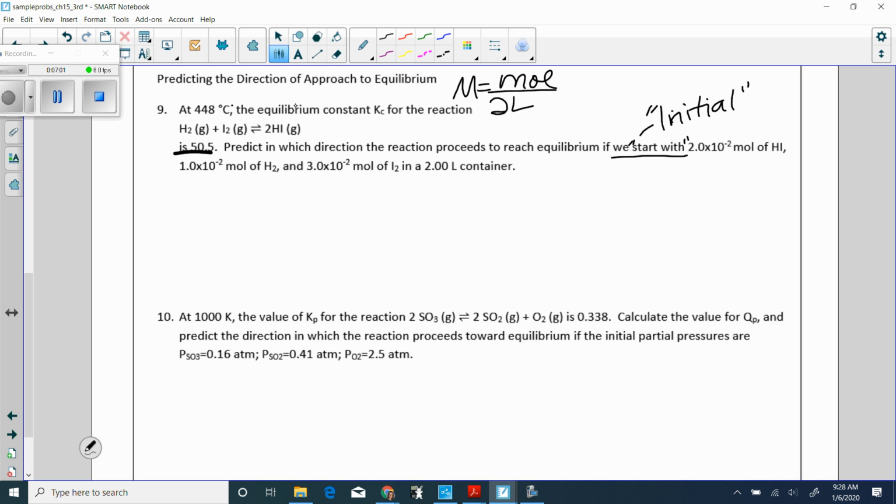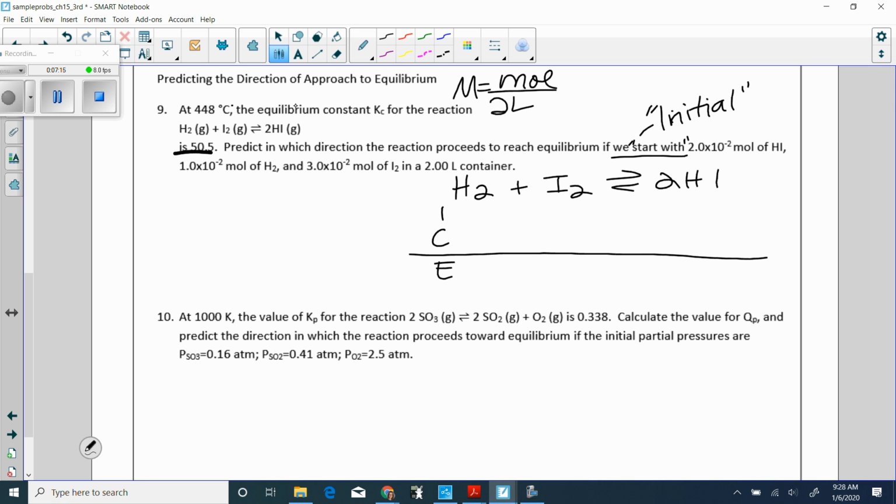Okay, always when we do these, we start with our ice table, so I'm just going to draw my ice table. I like to do it on the right side for no reason. I just do. After we draw our ice table, then we go back and read the words and fill it in. I have 2 times 10 to the negative second divided by 2 concentration.